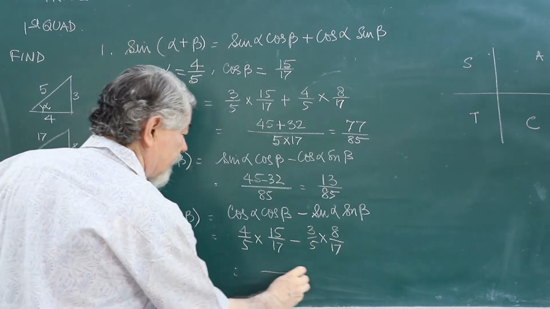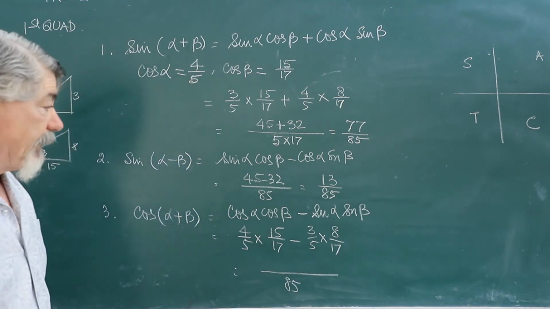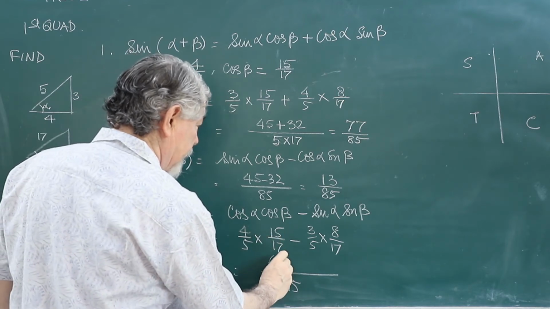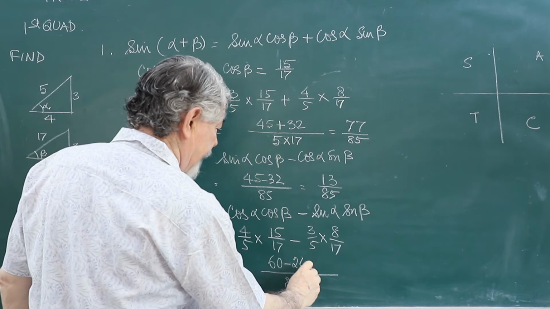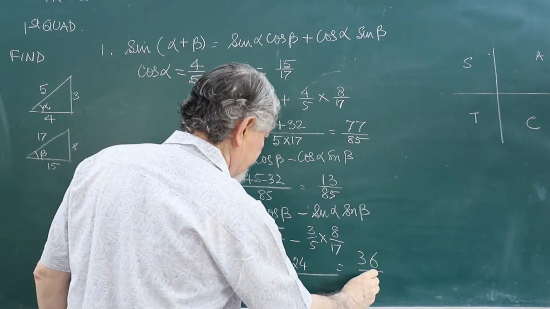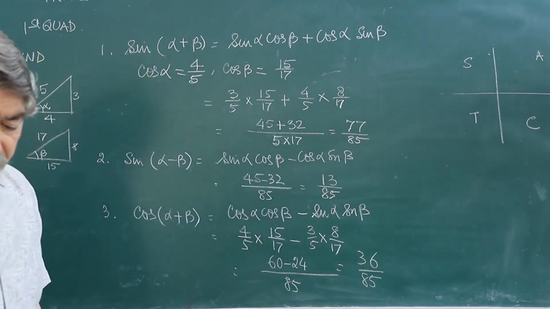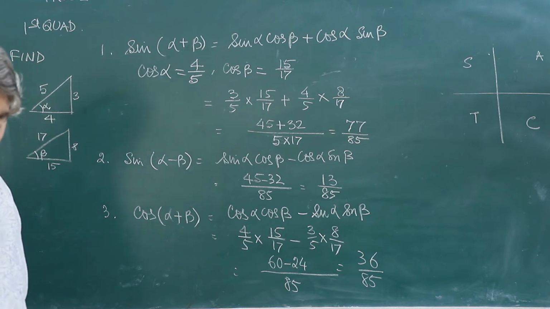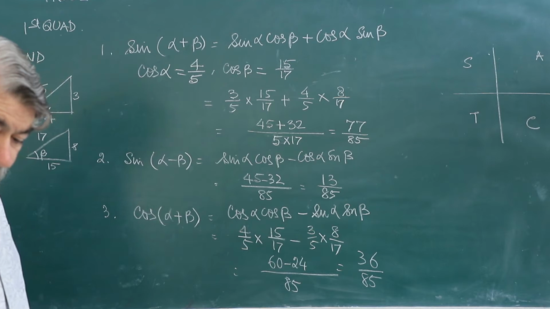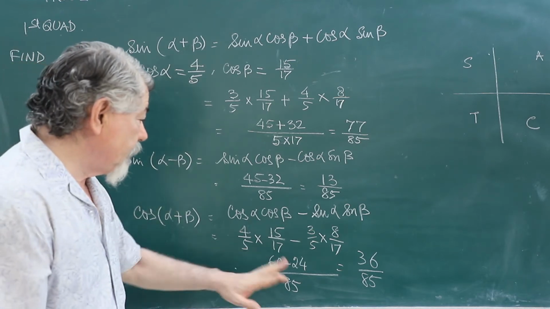Again the denominator will come out to be 85. 15 4s are 60, minus 3 8s are 24, so you will get 36 upon 85. It will remain 36 upon 85, because cos(alpha plus beta) is this much only.